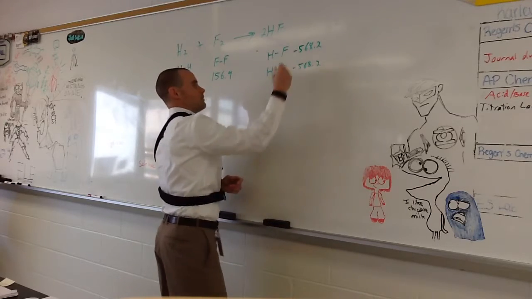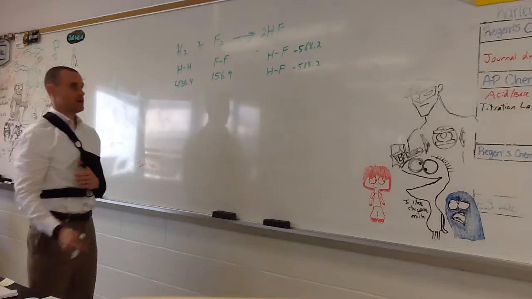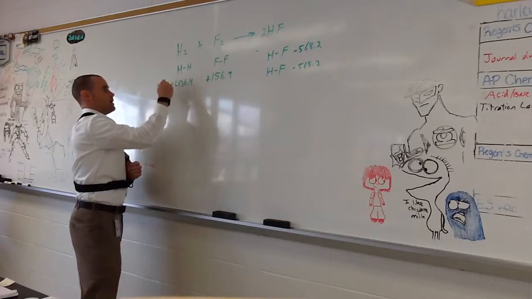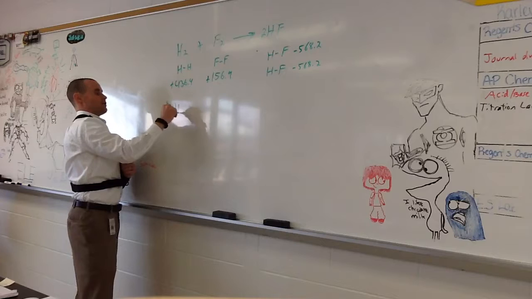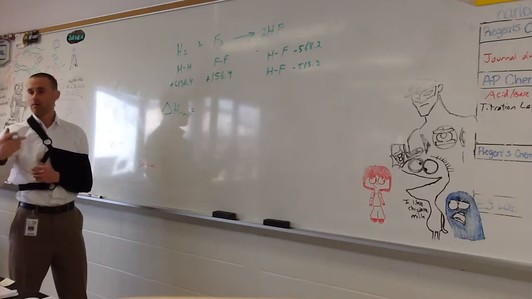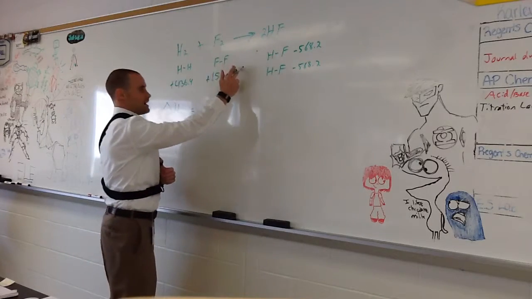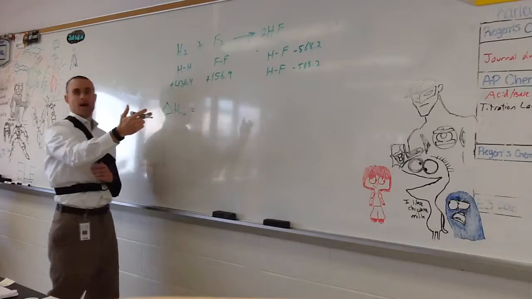But these are negative. Why? You're right. When you form it, you release it. These are positive. So when we want to know the delta H of reaction, it's bonds broken minus bonds formed, or bond energy of reactants minus bond energy of products.